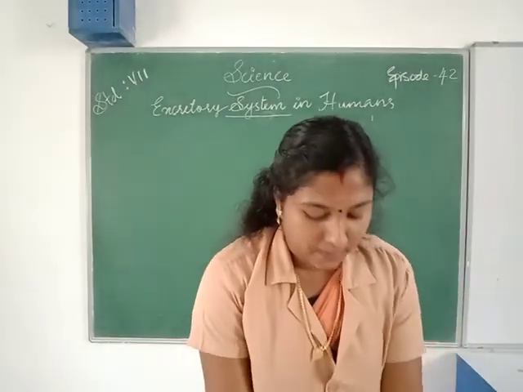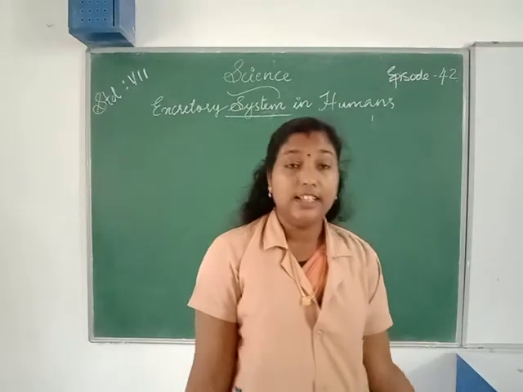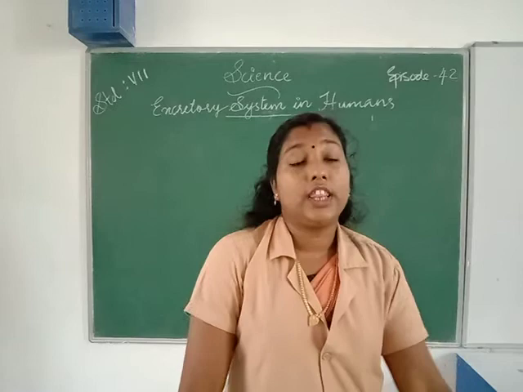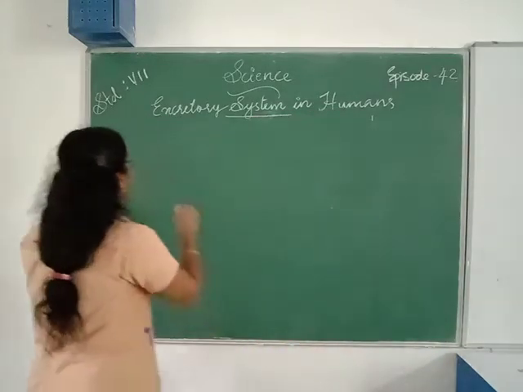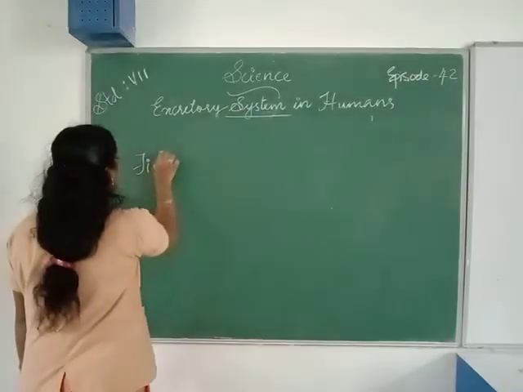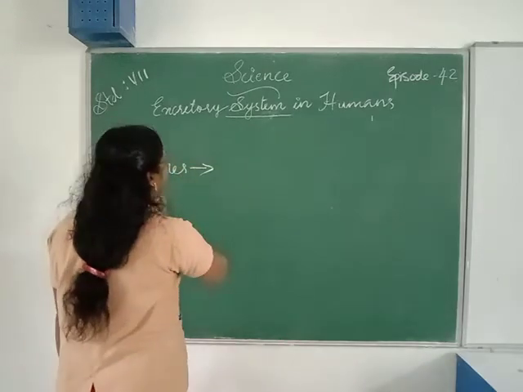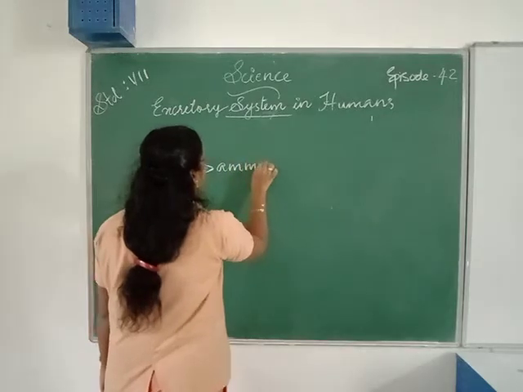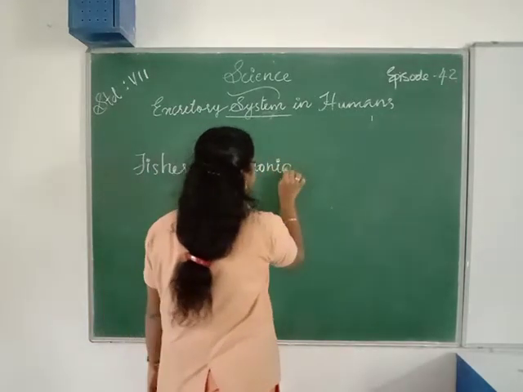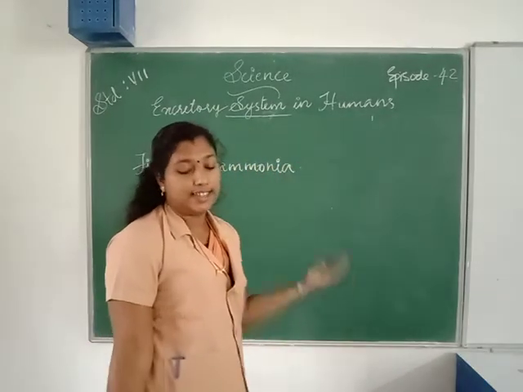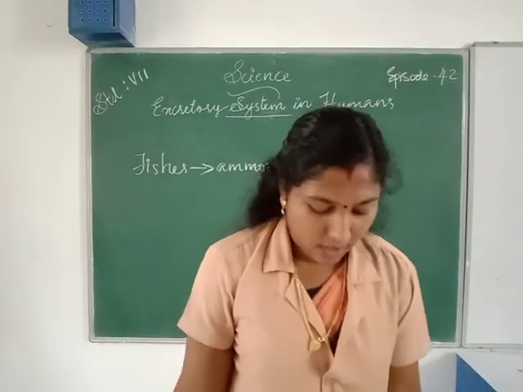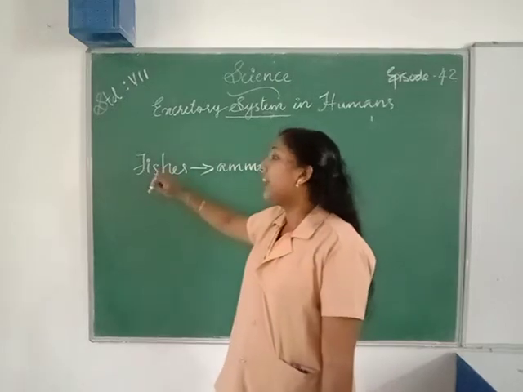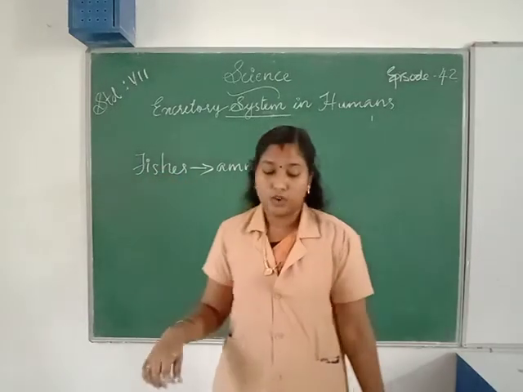The aquatic animals like fishes excrete their cell waste in the form of ammonia, which directly dissolves in water. Why? Because the fishes are present in the water.